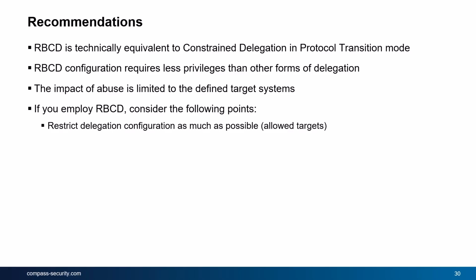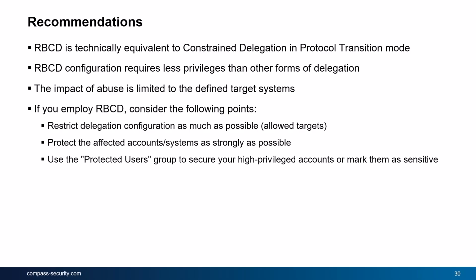So a low privileged, maybe highly exposed system like a web server having delegation privileges against a high privilege system like a domain controller doesn't make much sense security-wise. Furthermore, the systems and accounts that are involved in the delegation configuration should again be protected as strongly as possible. Hardening measures should be applied accordingly.